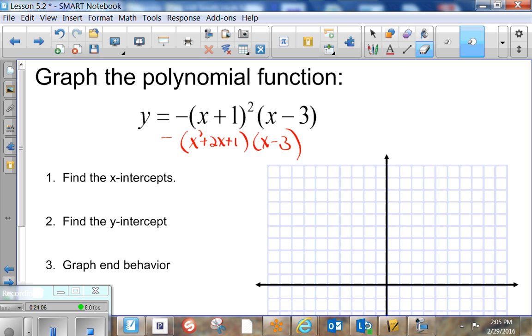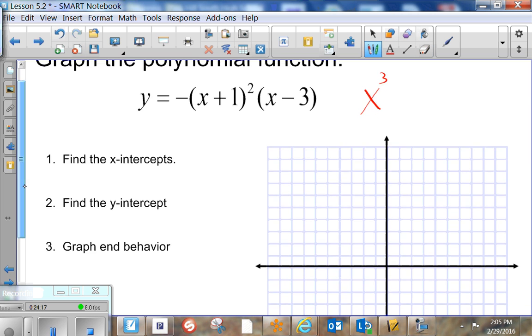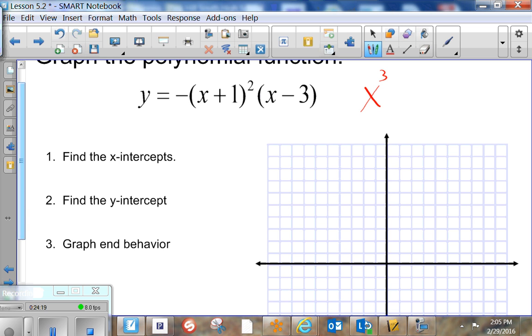All right, so let's do exactly what Stephen was just doing. What is going to be my eventual degree? Okay, I've got a third degree. My x-intercepts, where are they going to be? Yep, at -1 here and at 3 here.